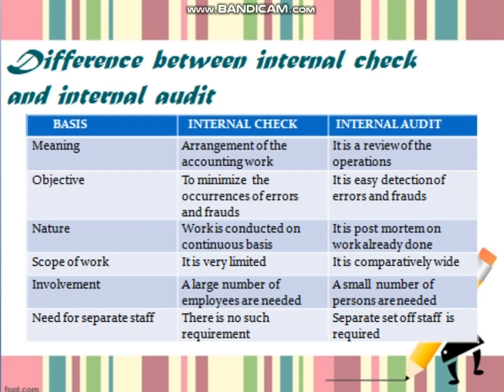On the basis of need of separate staff, there is no such requirement in case of internal check, but separate staff is needed for doing an internal audit. So these are the major differences between internal check and internal audit.